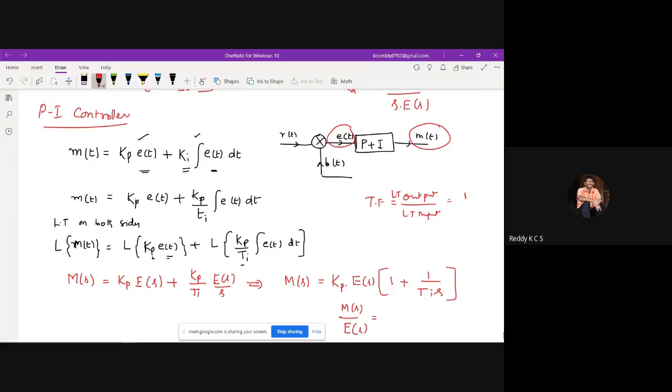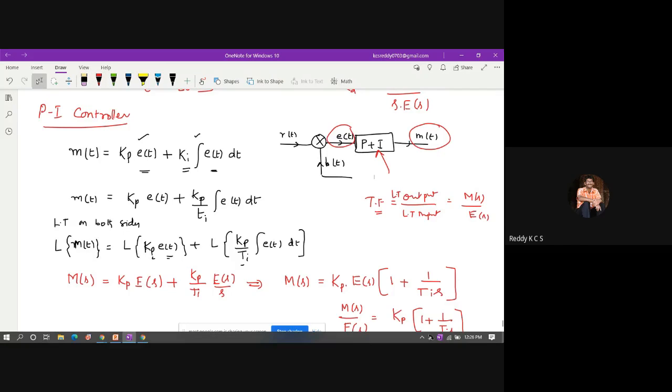So what is the output here? M of s, and the input is E of s. So the transfer function of this particular system, M of s by E of s, can be written as Kp into 1 plus 1 by Ti into s. This is how we write the mathematical equation of this proportional plus integral control.